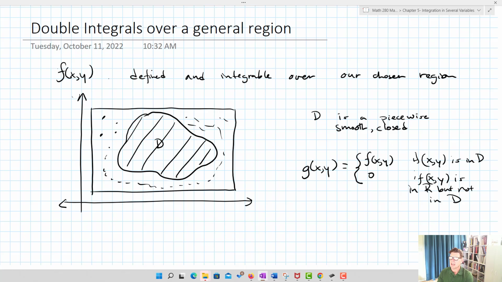We're not going to take its value, we're going to make it 0. That restricts our function only to the region D and allows us to think about everything in terms of taking the integral over the rectangular region. The function is equal to 0, so we're just flat onto the region.